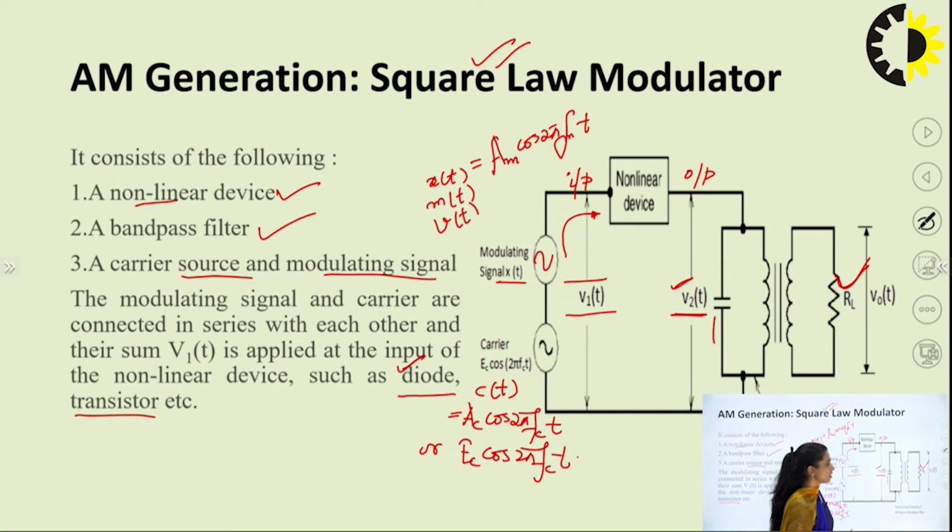So this is called the load resistance, and when V2 passes through here, the final output of my band pass filter, we name it V02, and this V02 must be the wave that should be my st, that is the modulated waveform. This is a tuned circuit, tuned to frequency fc, acting as a band pass filter, right?